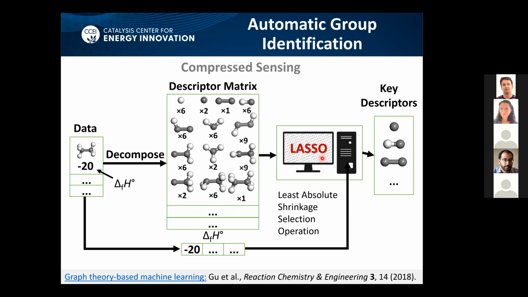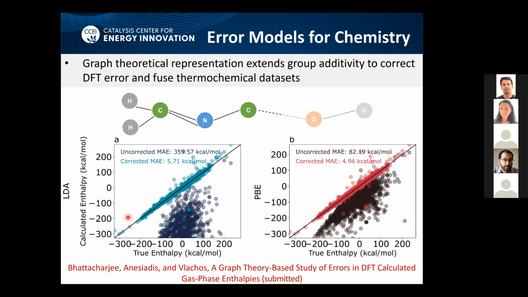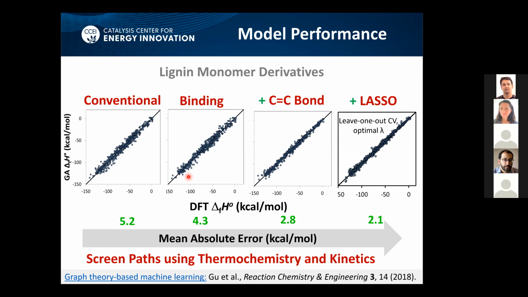So this is kind of the result you see at the end. This is the graph theory with a mean error of 5 kcal. This is not very large, but when you exponentiate that number, the error becomes huge. And if I start accounting more for the physics, in this case, my expert knowledge of how the molecule binds on the catalyst, what kind of bonds bind on the catalyst, and then I use lasso, I can reduce this error from 5 to 2 kcal per mole, which is a profound improvement in accuracy.